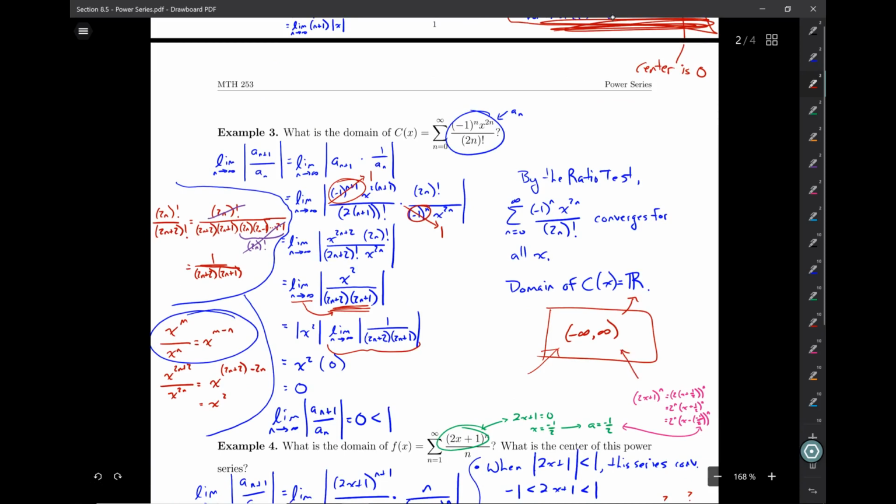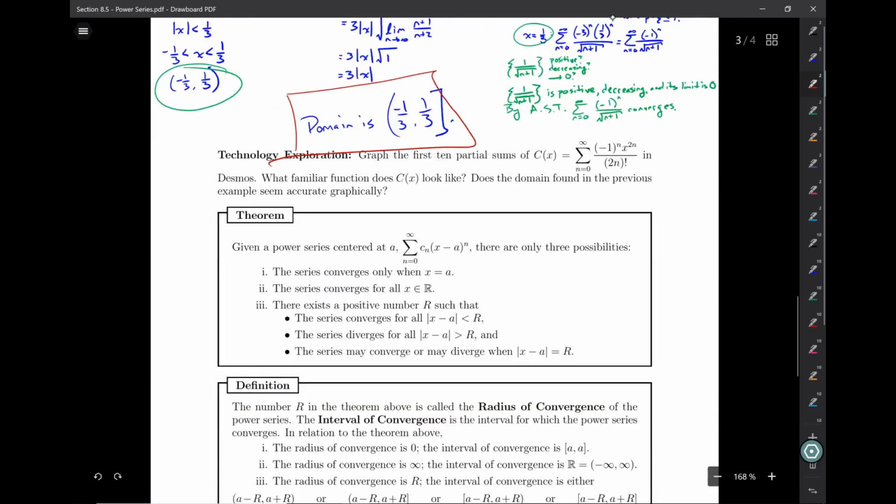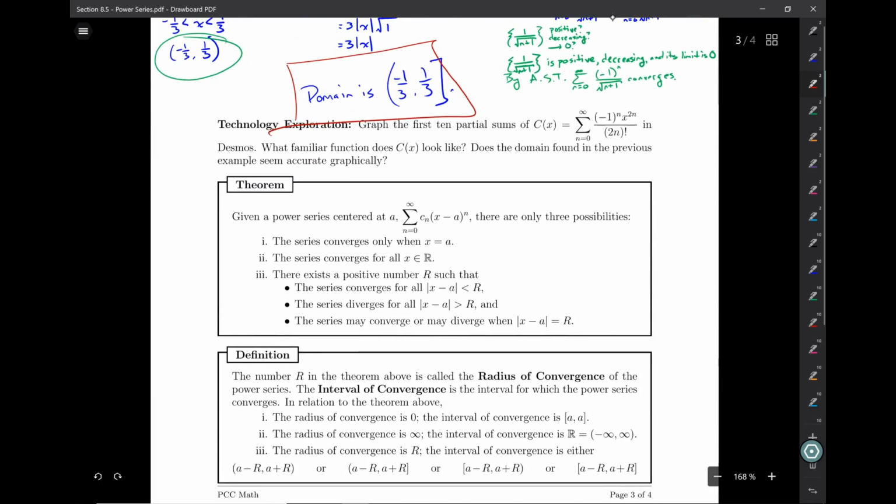But the big thing to point out here is that every single one of these domains has been some sort of an interval. Maybe open, maybe closed, maybe half open or closed, but we want to summarize that all in this theorem right here. Before we do that, let's jump into a quick technology exploration.